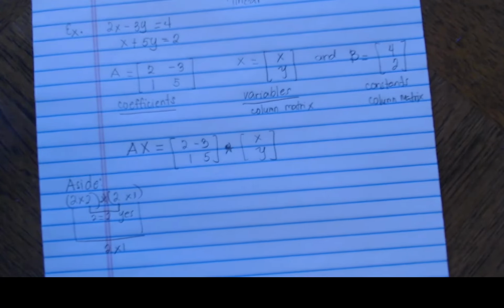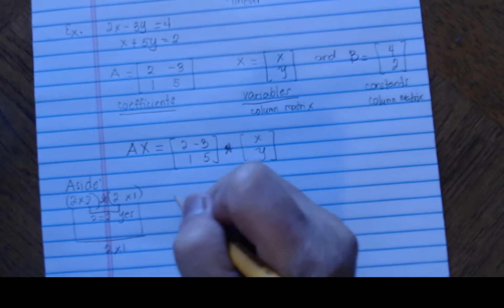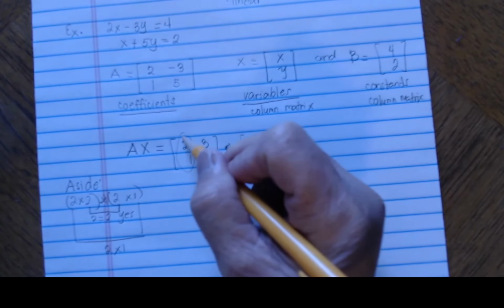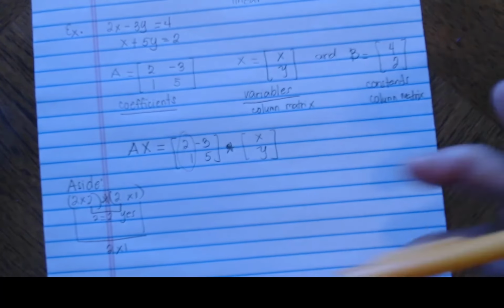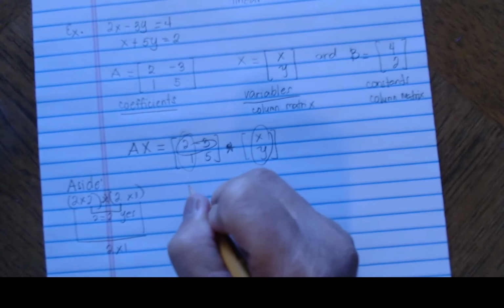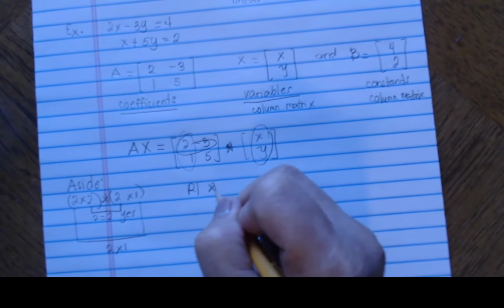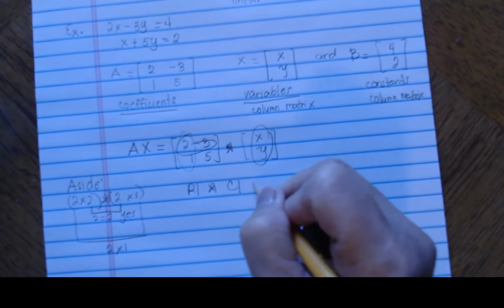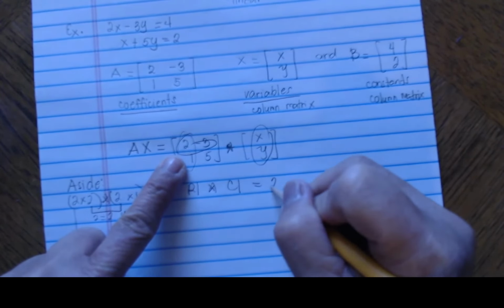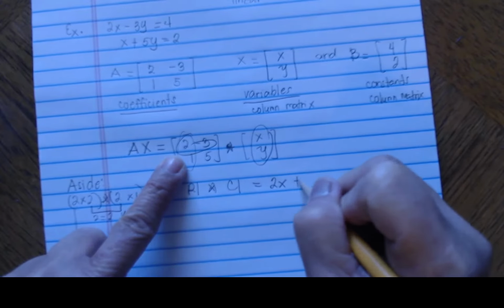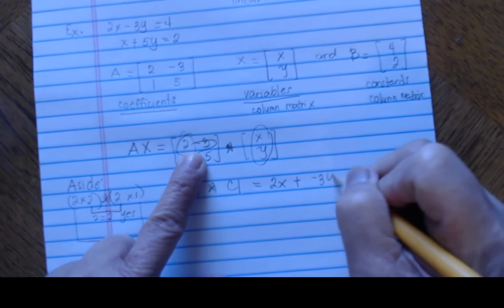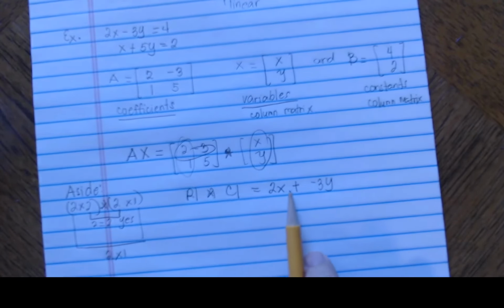So we're gonna start now. Row times column. So row 1 times column 1, you do the dot product. 2 times x is 2x, plus negative 3 times y is negative 3y. So the answer is 2x minus 3y.